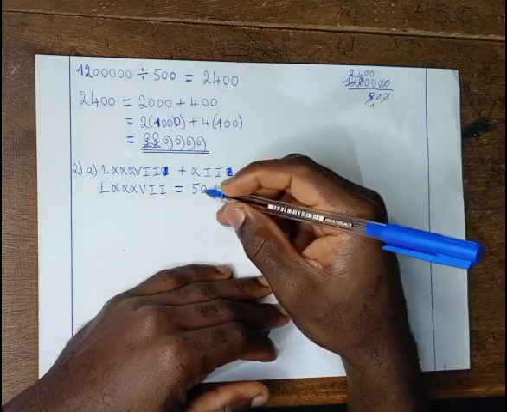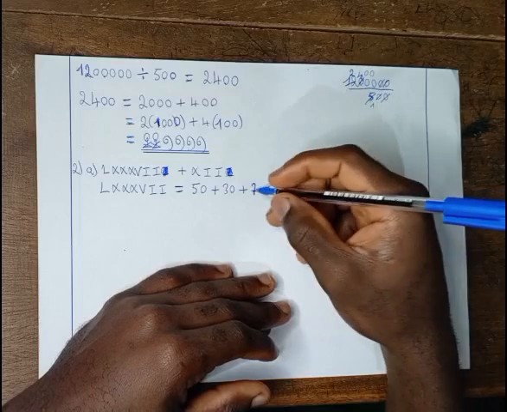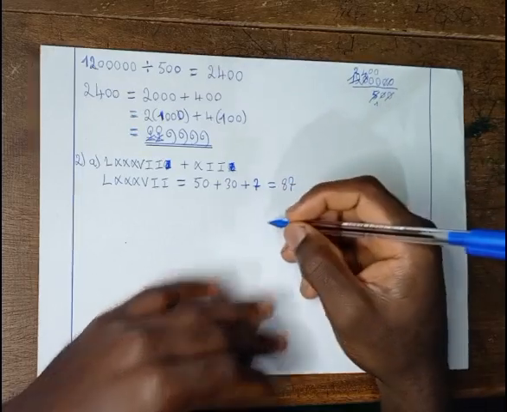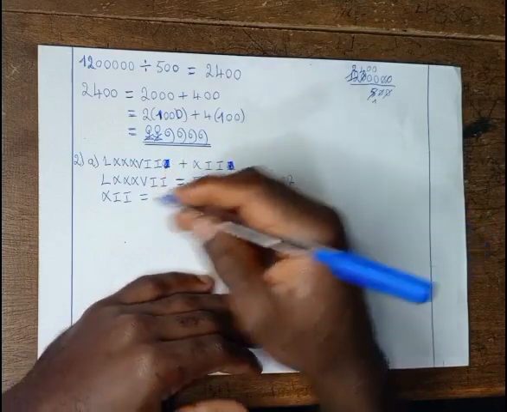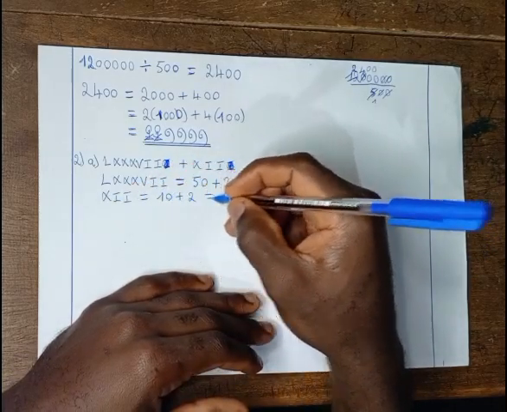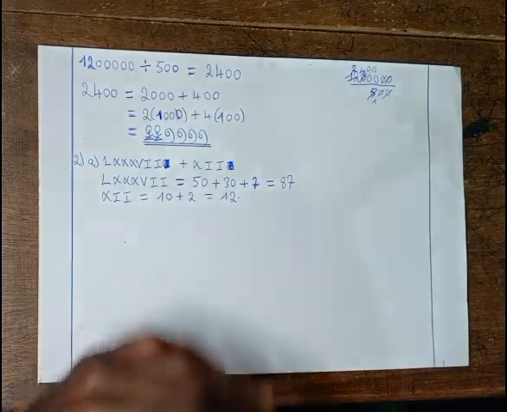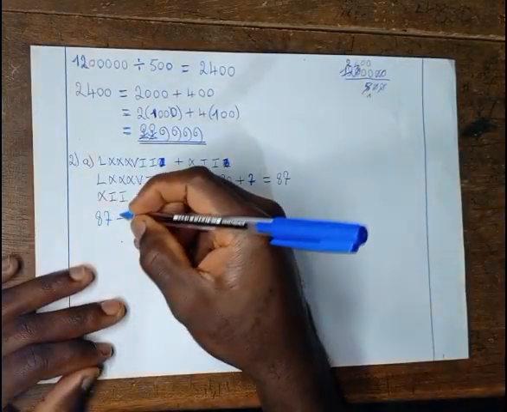So this will give us 50 plus 30 gives us 80 plus 7 gives us 87. Next we take XII. X represents 10 plus II represents 2. 10 plus 2 gives us 12. So we have to add 87 plus 12.